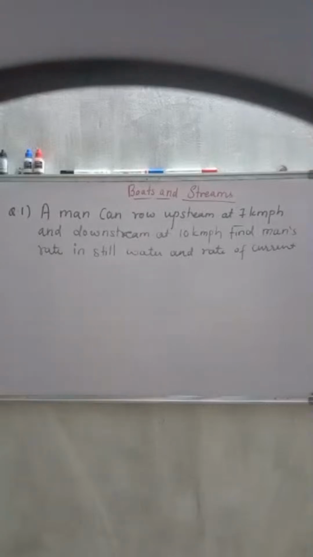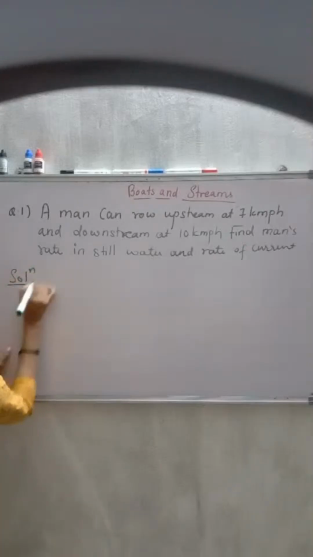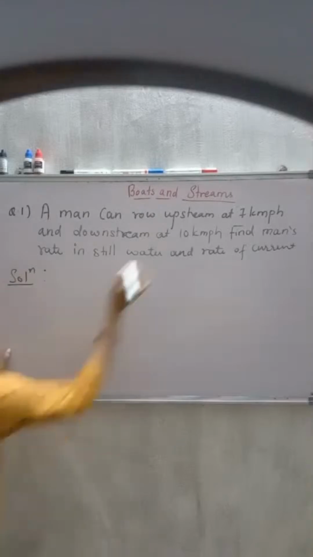So we will solve this question. A man can row upstream at 7 km per hour and downstream at 10 km per hour. Man's rate in still water and rate of current. So just now we have calculated how we will find still water and rate of current. So let's solve this. What we have given?